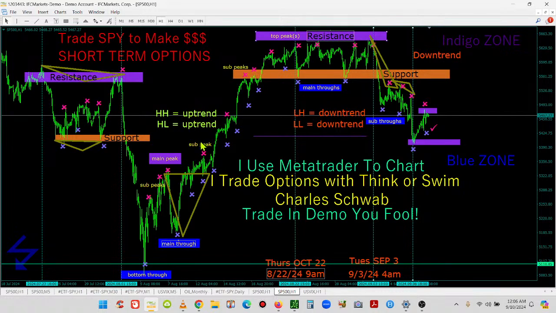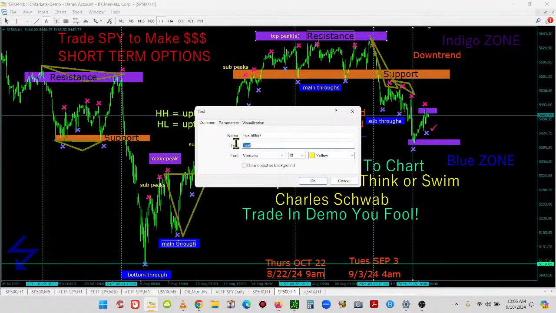And we have to understand a sub-peak. We have to understand a sub-trough. Why is there not a label for sub-trough there?